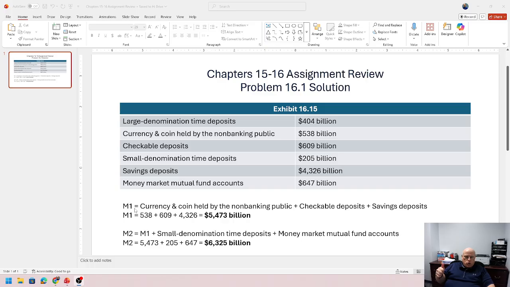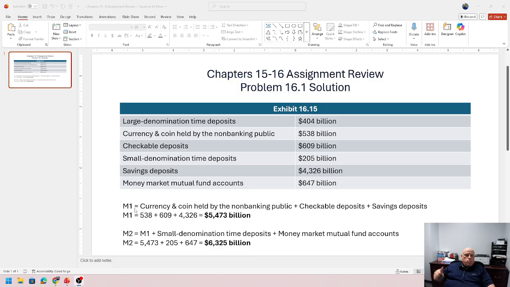And then M2, most of you got this one correct, but again, I think most of you used AI to get the value. It's just that on this one, the M2 definition of money has not really changed recently. The way you would calculate M2 is you would take the M1 value plus the small denomination time deposits plus the money market mutual fund accounts.